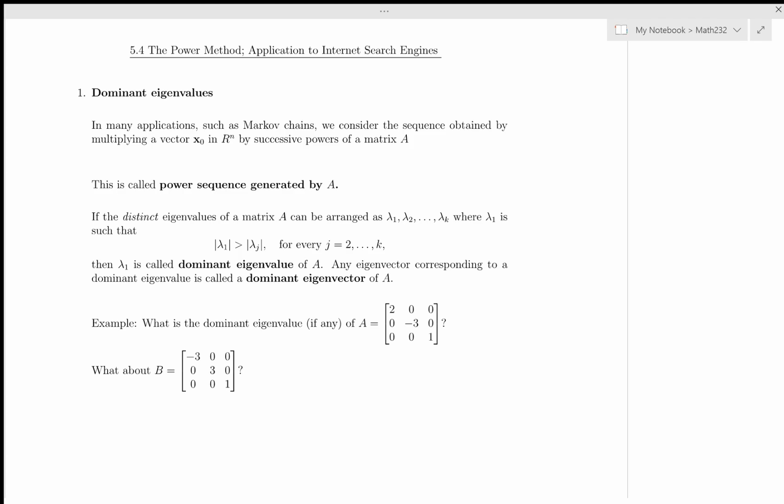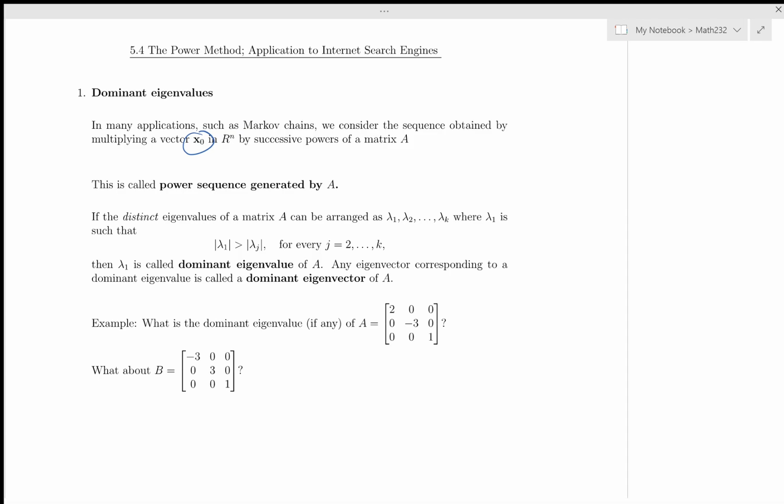So here we are. In many applications, like we just did in the last lecture, we're considering a sequence obtained by multiplying a vector by successive powers of the matrix. And we saw that under some conditions the vector converges to something.